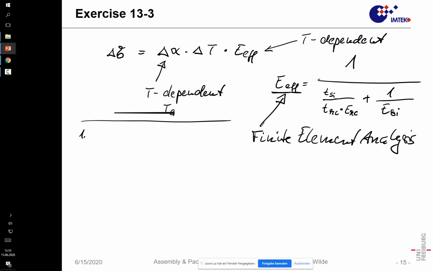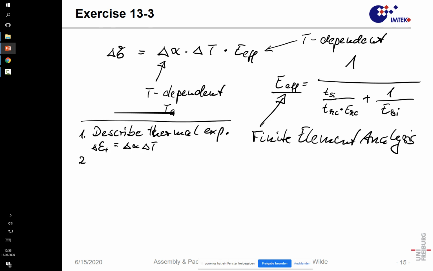First of all, describe thermal expansion. So here you get the thermal strain difference, and that's delta alpha, delta T. That's an important property.